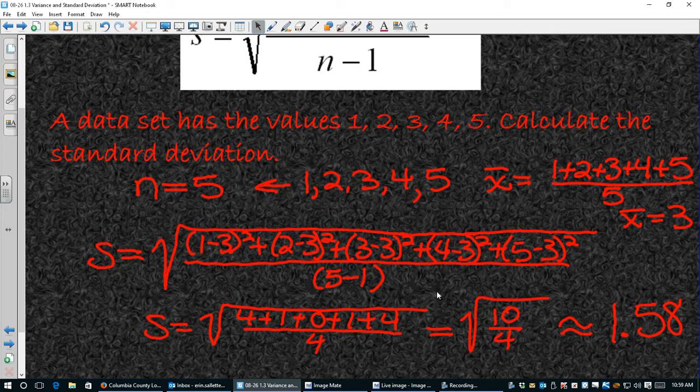This was relatively easy to do with a section of numbers that is small. However, as the values increase, or the number of values that you have increases, calculating S is not so easy to do.